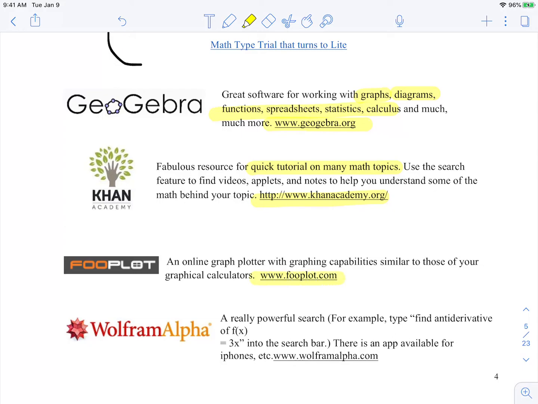There's also footplot.com. It's an online graph plotter. The next website here is an app that you can use, Wolfram Alpha, to research things.